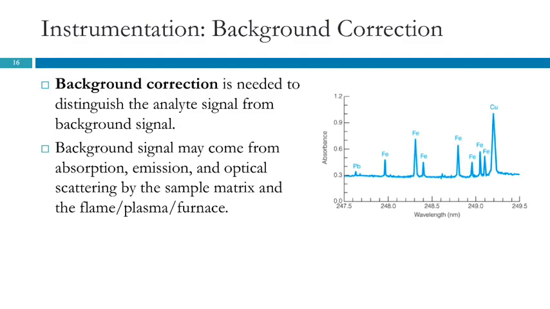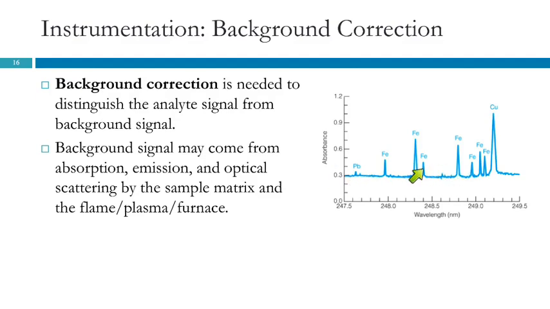As with many instruments, we need to worry about the background signal. This is actually a very narrow range of wavelengths, from 247.5 to 249.5 nanometers, and we're seeing several narrow bands of absorbance here.